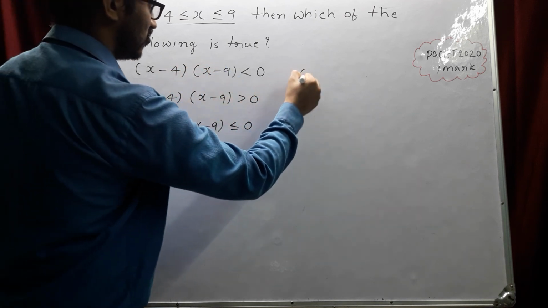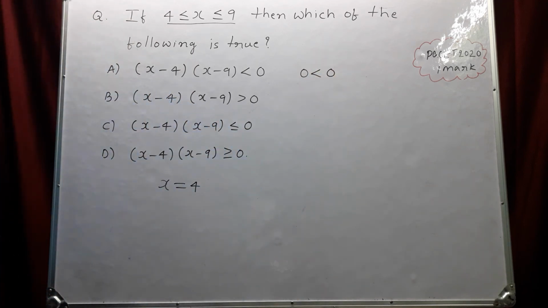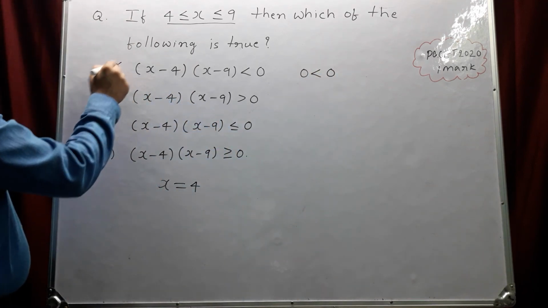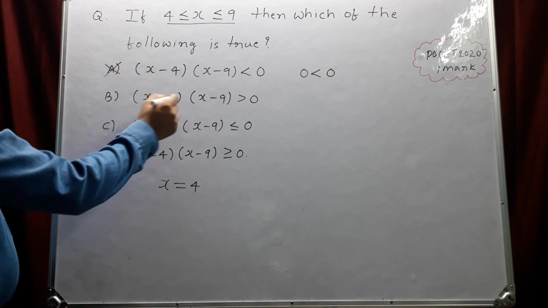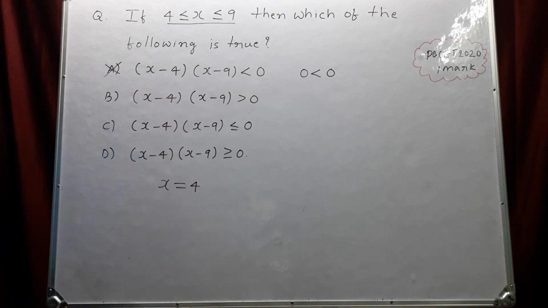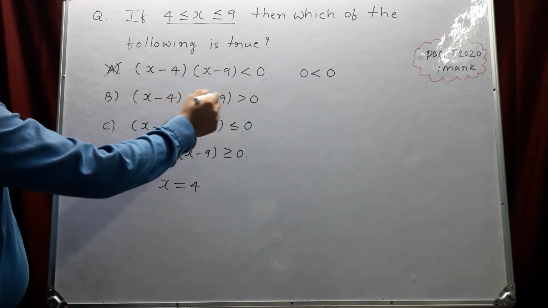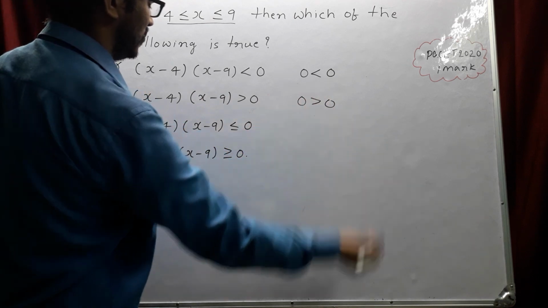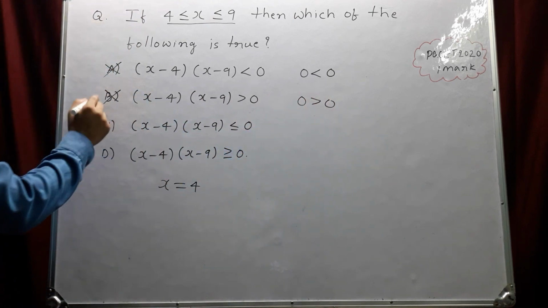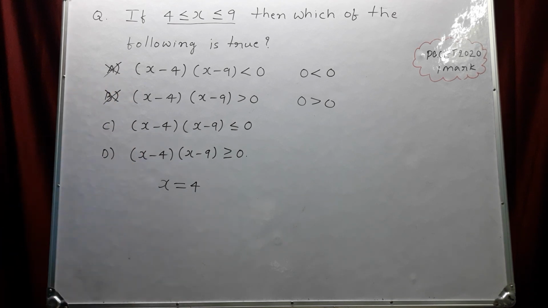So 0 into something is 0. 0 less than 0 is false, so we can eliminate the first option. Again, in the second option, 4 minus 4 is 0, into 4 minus 9, so 0 greater than 0. This is also false, so we can eliminate the second option.